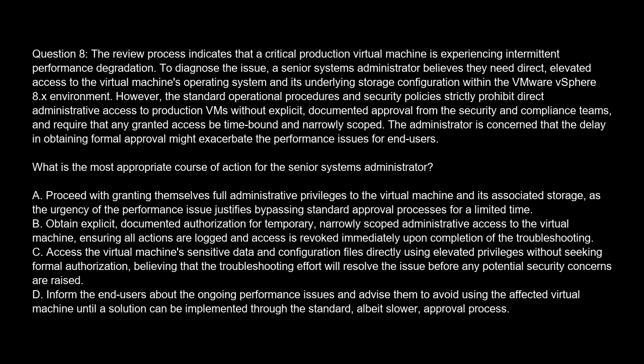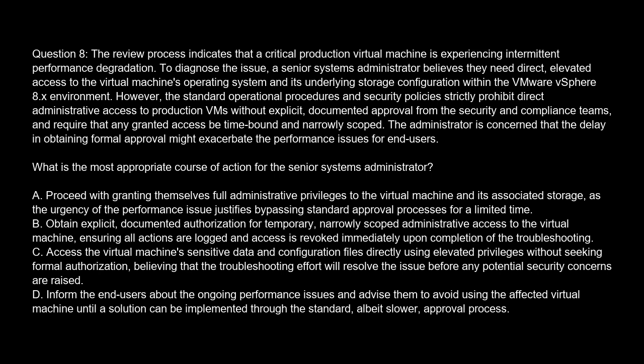However, the standard operational procedures and security policies strictly prohibit direct administrative access to production VMs without explicit, documented approval from the security and compliance teams, and require that any granted access be time-bound and narrowly scoped. The administrator is concerned that the delay in obtaining formal approval might exacerbate the performance issues for end users. What is the most appropriate course of action for the senior systems administrator?